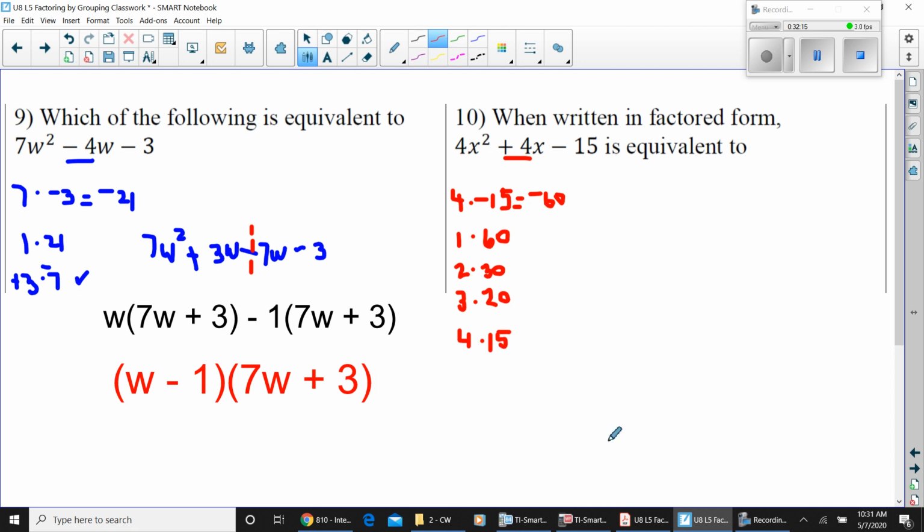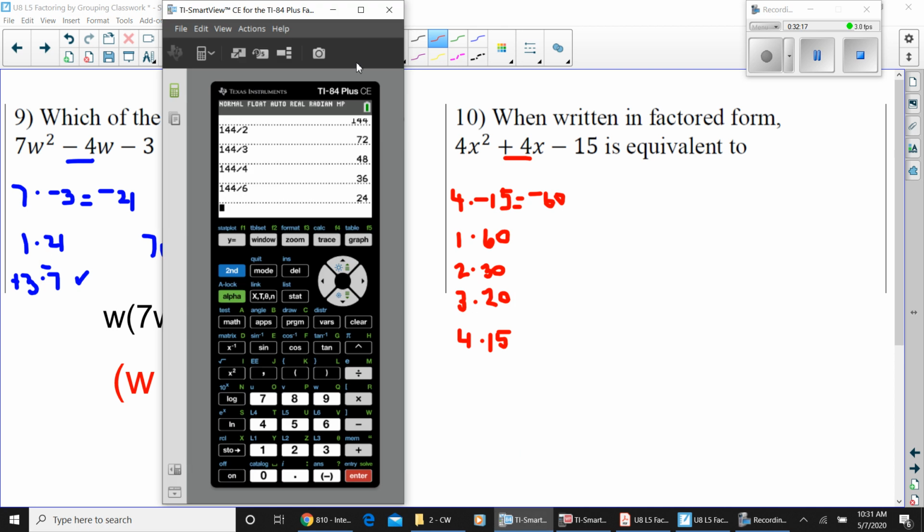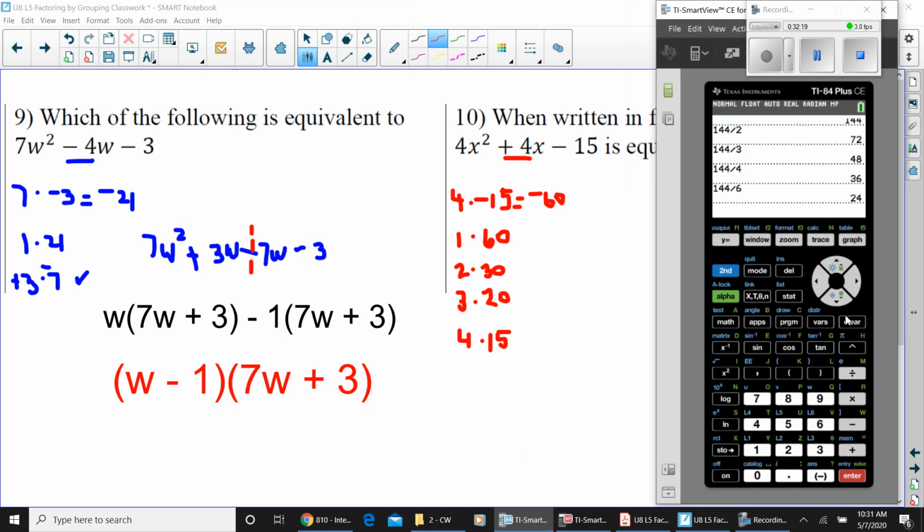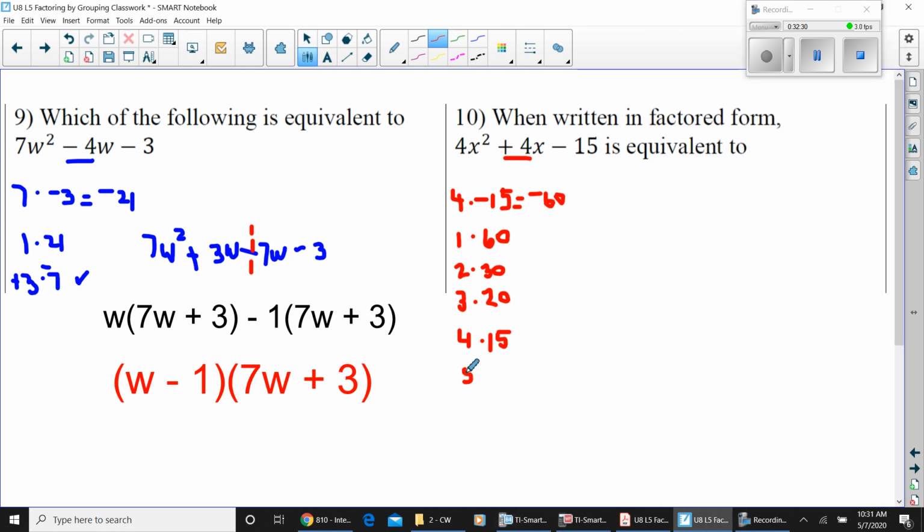5 goes in as well, right? So if you ever get confused, go ahead and take 60 divided by 5. Alrighty, 5 times 12. I'm still not there because I can't make 4 from any of those numbers.